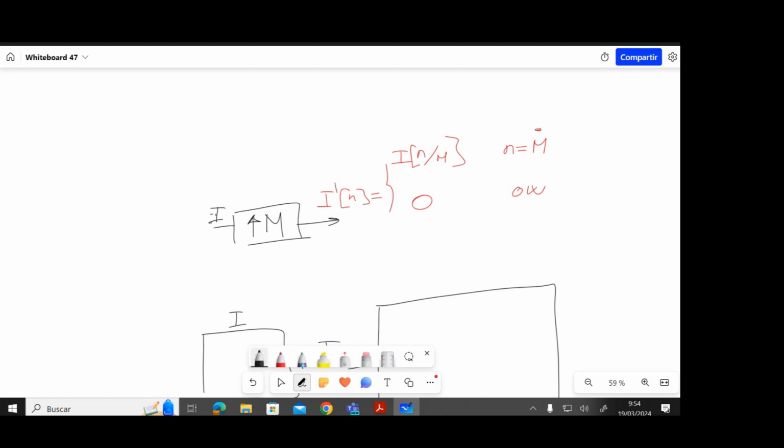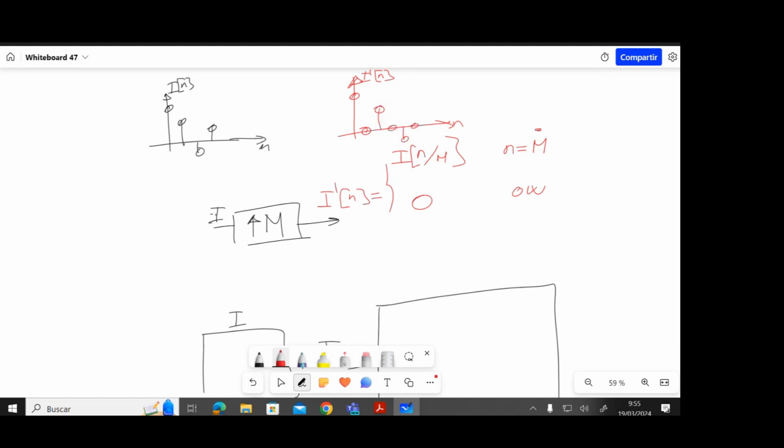Okay, so let's say that this is our input image. Let's make an expansion by a factor 2. Then I have this value, then 0, then this value, then 0, this value, then 0.